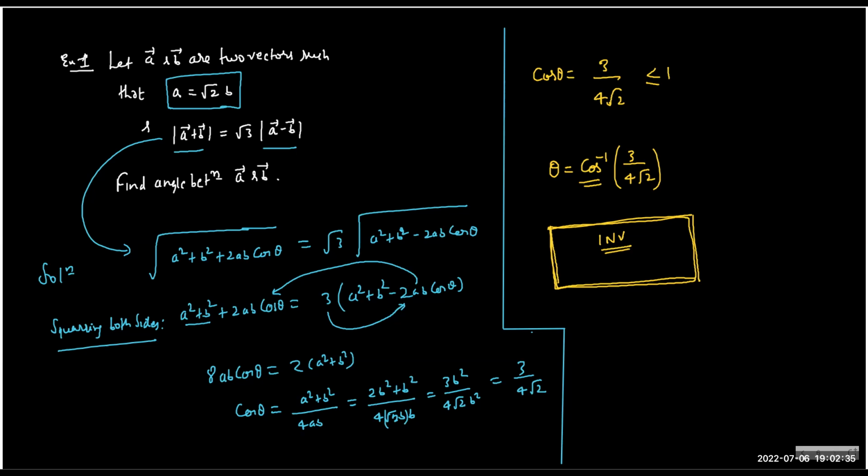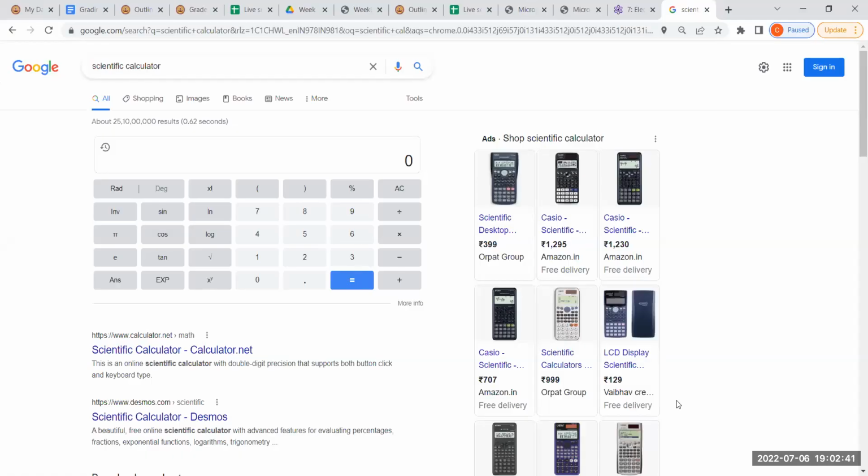Maybe this will help. Can you see the calculator on your screen? It's a very simple Google calculator, and you can see INV written here.